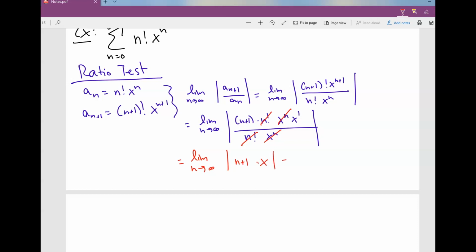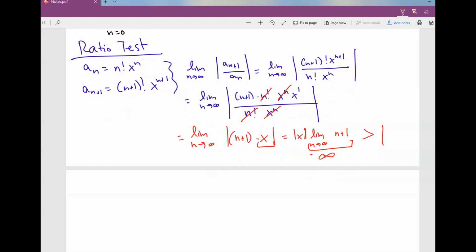I can take the absolute value of x out and just take the limit as n goes to infinity of n plus 1. This is always going to go to infinity. Regardless of whatever x is, this thing is always going to be bigger than 1, which is the opposite of what we did in the first problem.